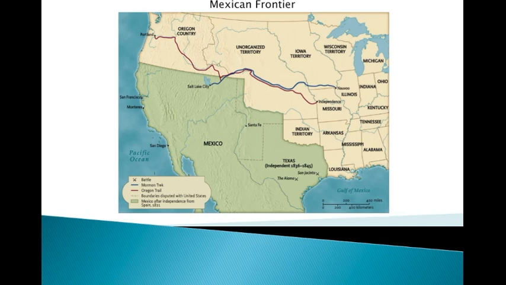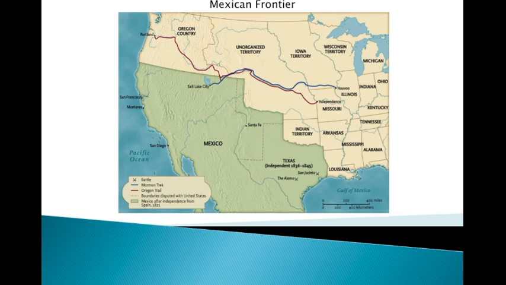Mexico had also abolished slavery. But American settlers had been allowed to bring slaves with them into Texas, which upset Mexico. So in 1835, General Antonio Lopez de Santa Anna sent an army to impose central authority.